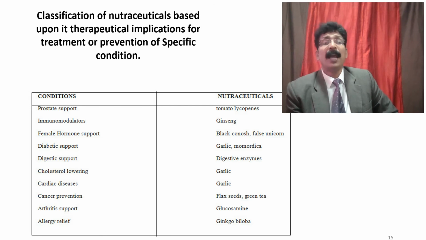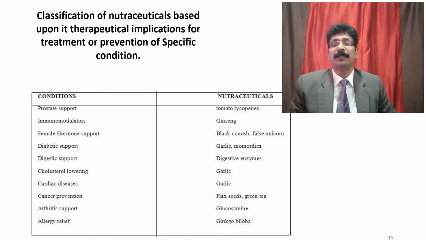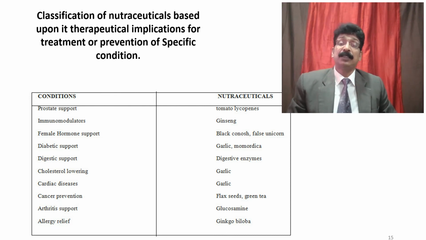Female hormonal support can also be done by black Cohosh, not C-O-N, that is wrong, a mistake. Just see that, not C-O-N, C-O-H-O-S-H. Cohosh and false unicorn, you remember, it is female hormone, estrogen, and a natural estrogen supply can be given.